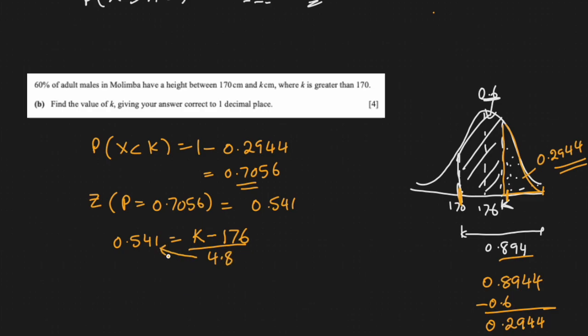So I'll cross multiply this one first. So 0.541 multiplied by 4.8, and then 176 goes there, plus 176 will be the value of k. Let me find this out.